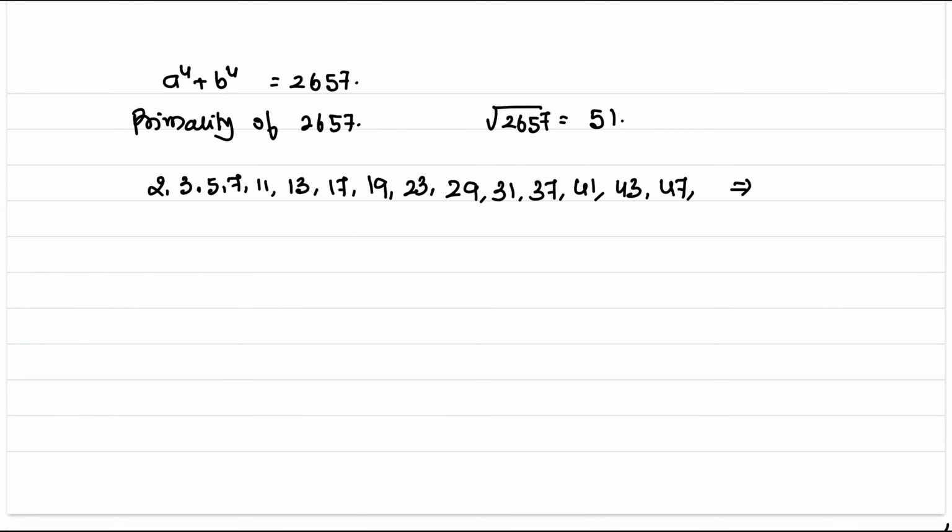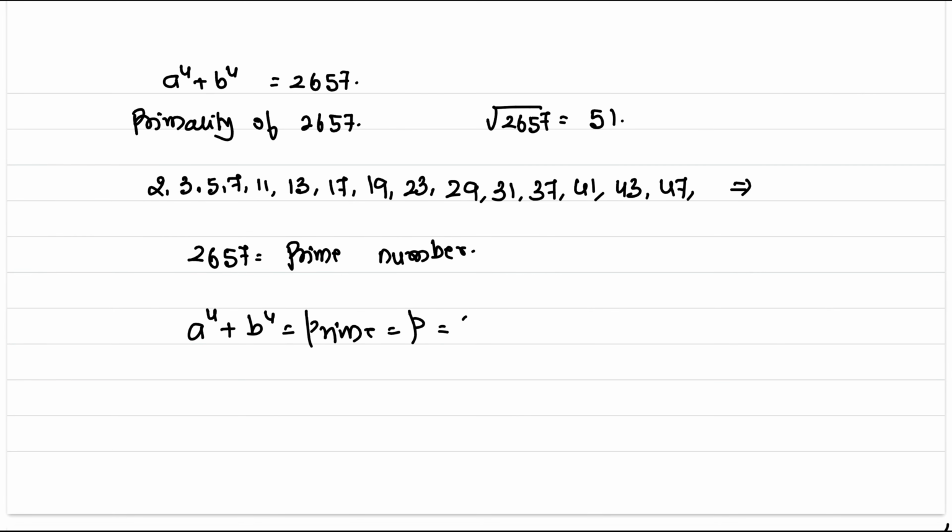To check with these numbers is not a big task, and we conclude that 2657 is a prime number. That means a to the power of 4 plus b to the power of 4 is a prime, some prime number p, that is equal to 2657.